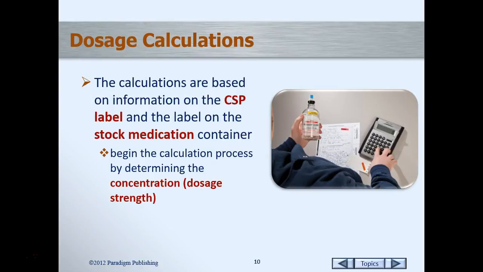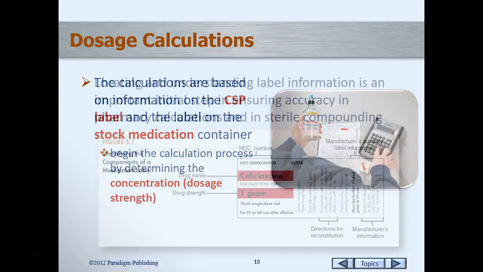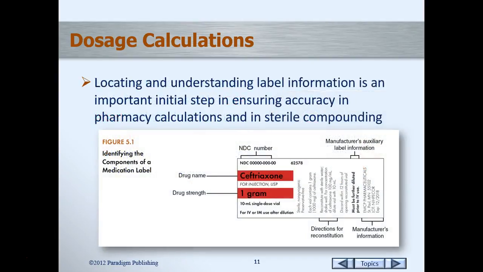So the calculations themselves, they're based on the information on the compounded sterile product label and by using the stock medication container. So we begin the calculation process by determining the concentration or the dosage strength of our stock solution. So here we have a stock solution of ceftriaxone.